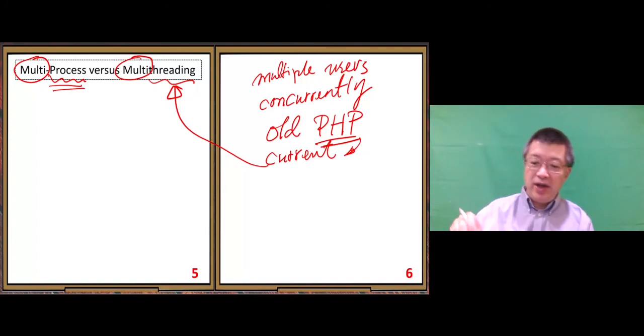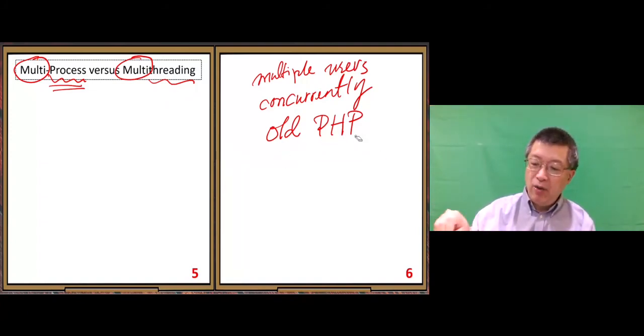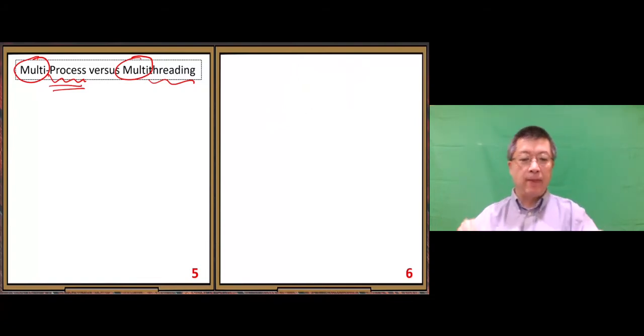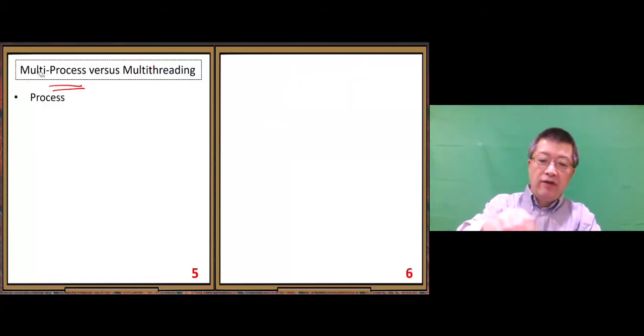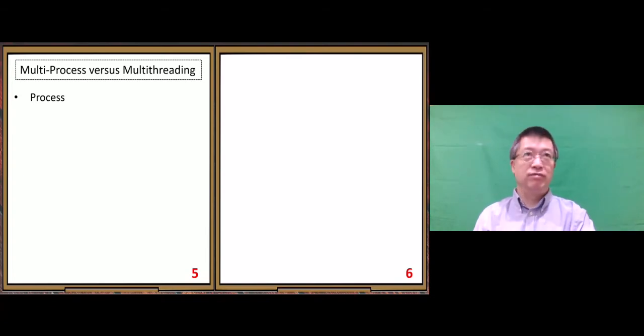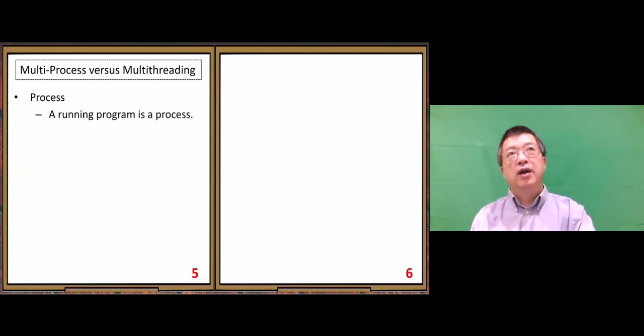Let me explain a little more on these two ways. First, what's a process? If you have a Unix background, in Unix you learn the process concept. In Unix, a running program is a process.